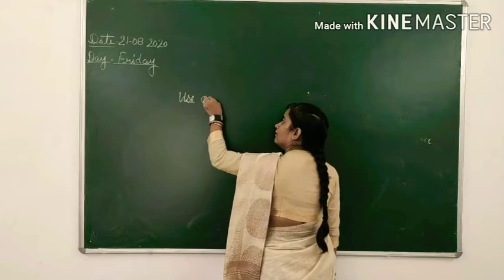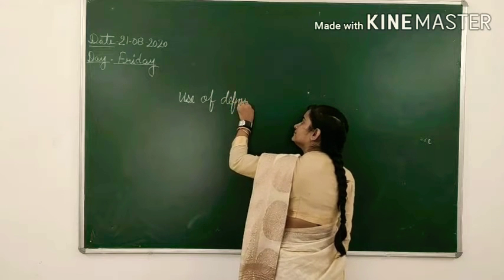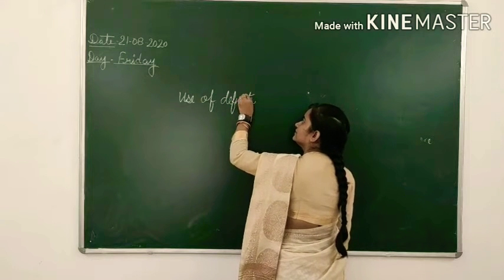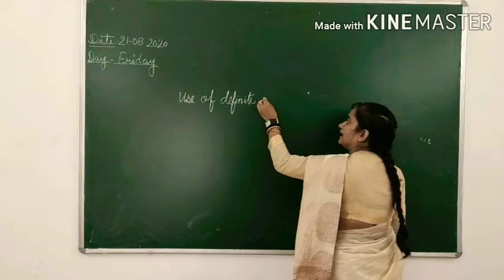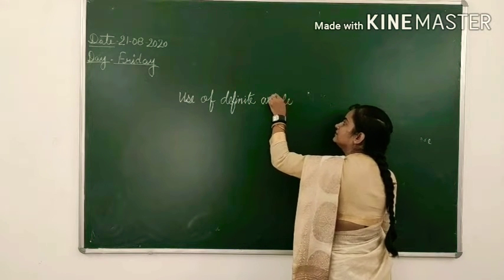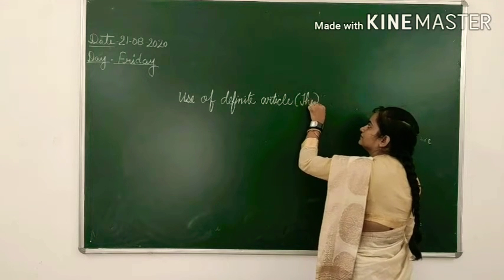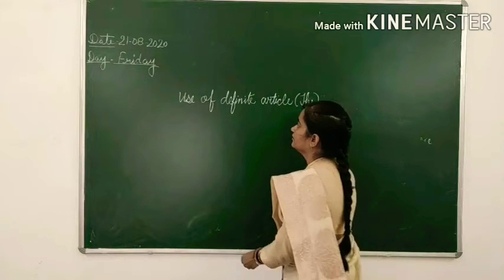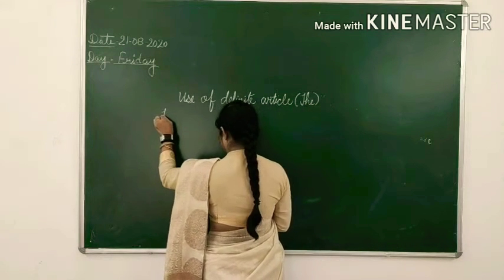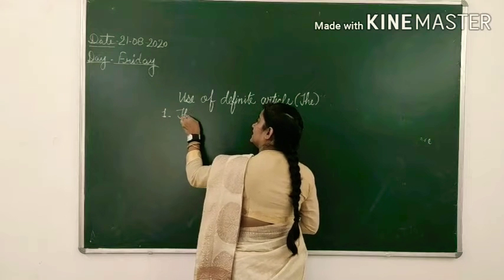Use of definite article. What is the definite article? The. The first use is the definite article.